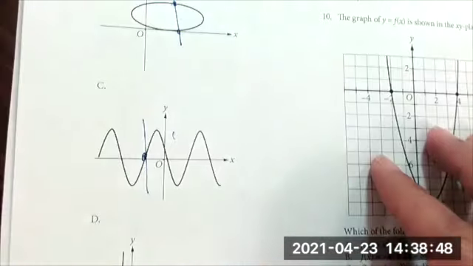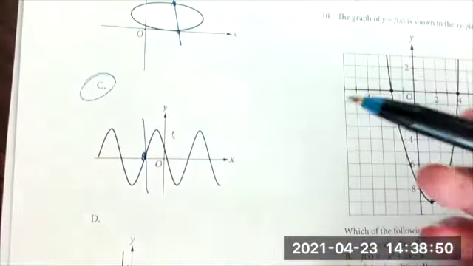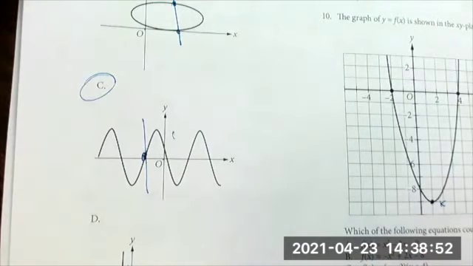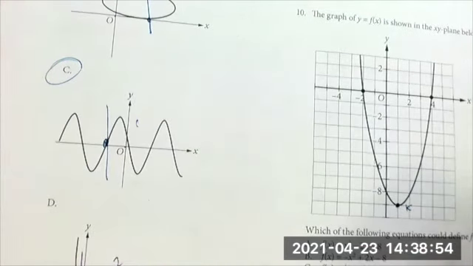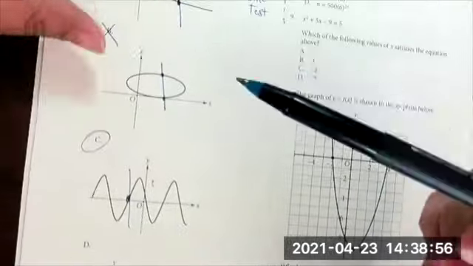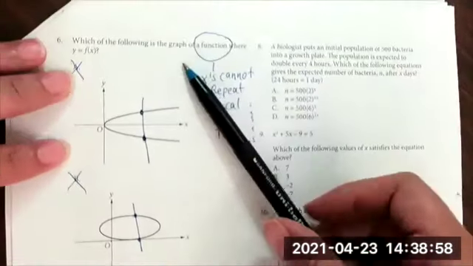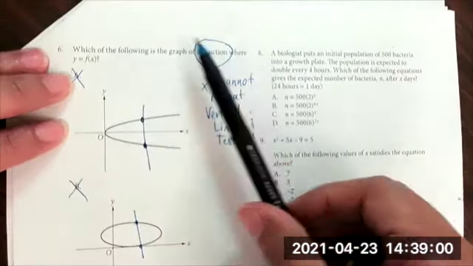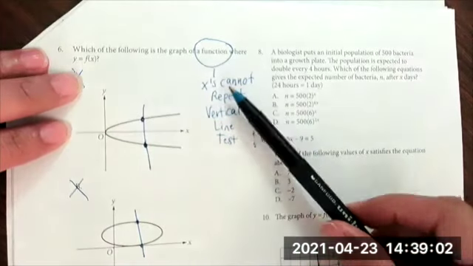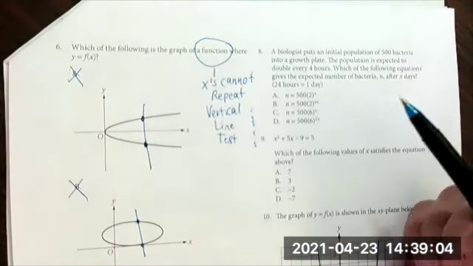So therefore, my answer here is going to be C. The only one that doesn't repeat is C. And that's pretty much it for that one. Don't freak out with what it says. Every time you have the graph of a function, that means that the x's cannot repeat. You can do the vertical line test. And that's pretty much for that.